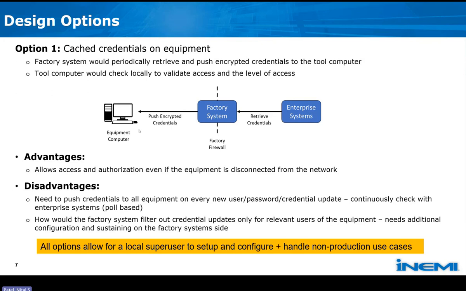But the disadvantage is that you have to continuously keep pulling the enterprise systems and pushing credentials, and it wasn't very clear how we would filter the right credentials for the right piece of equipment, and it would make this pretty unscalable when you're looking at 1,000 tools in a typical factory. And the likelihood of the network being down is pretty slim. In most production use cases, if the network goes down, you would also have other problems to deal with.